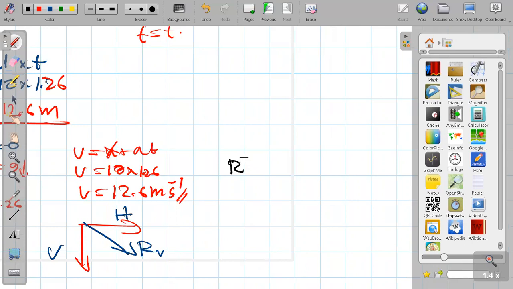This is like R squared equals P squared plus Q squared, like Pythagoras. 10 squared plus 12.6 squared.